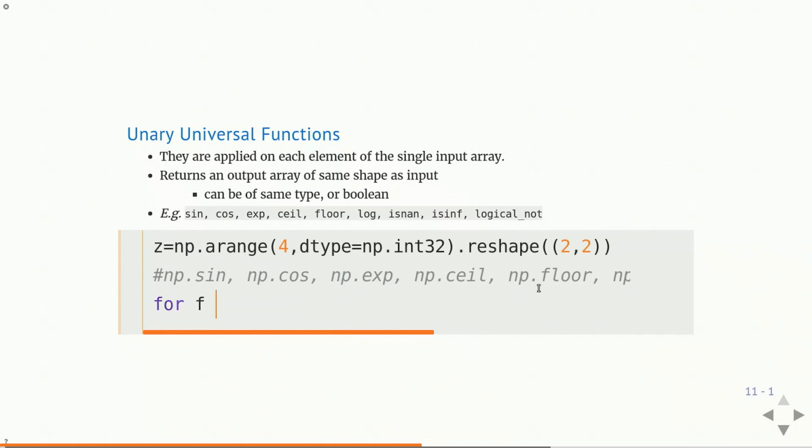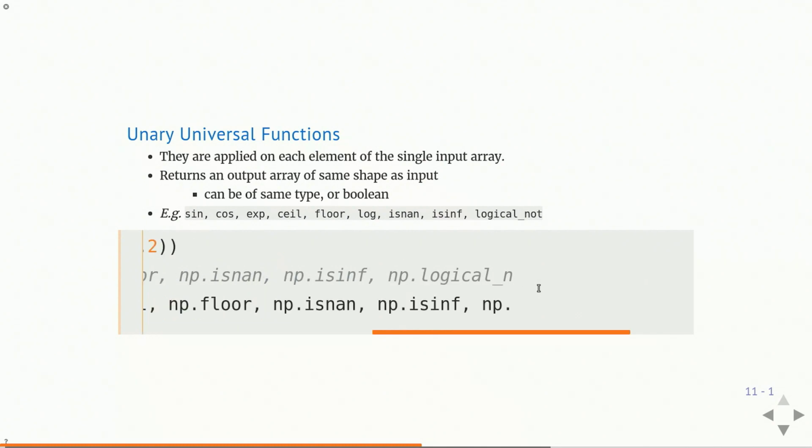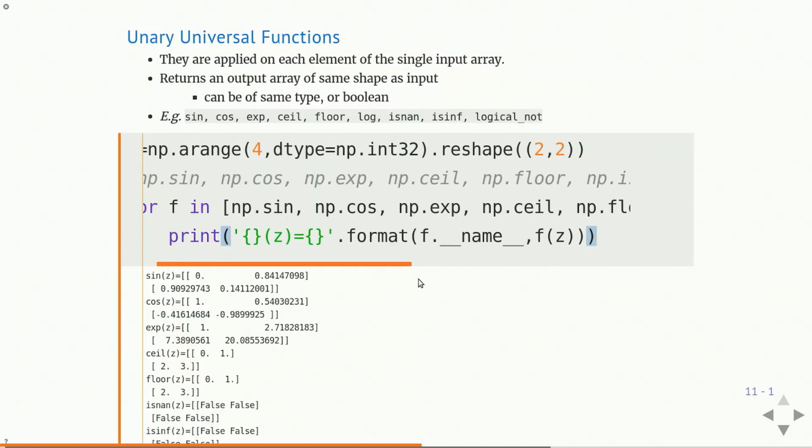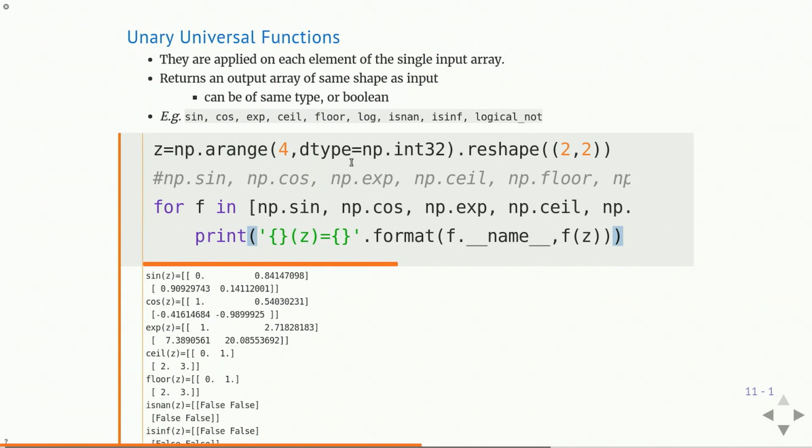So let's create a list of these universal functions and simply print f of z, and I'm just going to create the placeholder for string formatting and then fill it with the values: f dot underscore name, comma f of z. So here is the output of applying the requested operation on this input array.